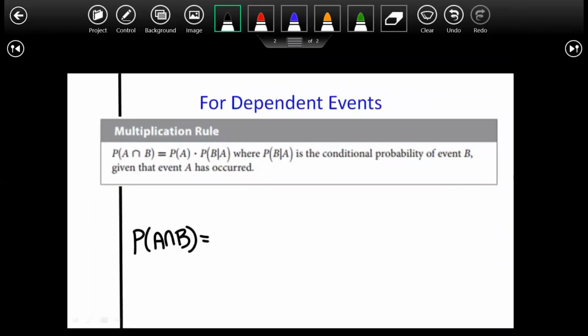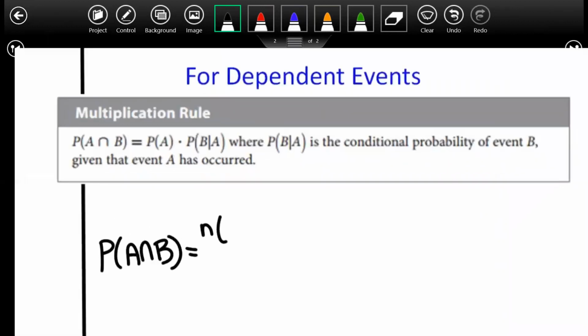The way that you want to look at this is the number of elements, or the number of trials, or the number of outcomes that the first event can happen. The number in our first event. So, what's the probability of getting a blue marble without replacement and then getting a red marble?